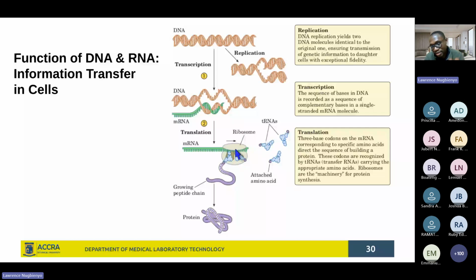So here again, ribosome is one of those organelles you also studied. I think you saw ribosome even in secondary school, and I'm sure you saw ribosome in first year biochemistry. So the ribosome comes to bind to the messenger RNA. It's a complex.